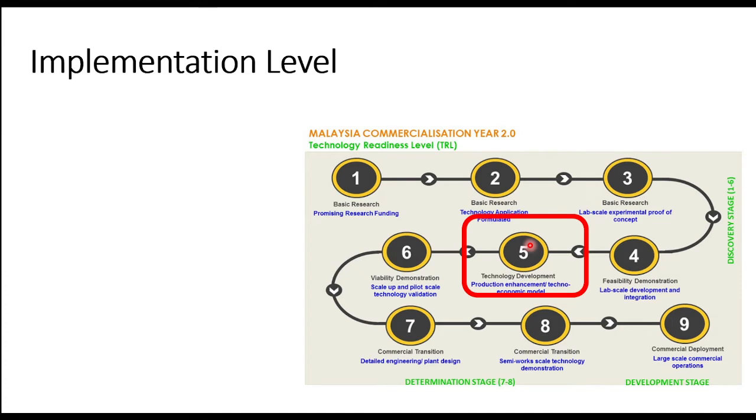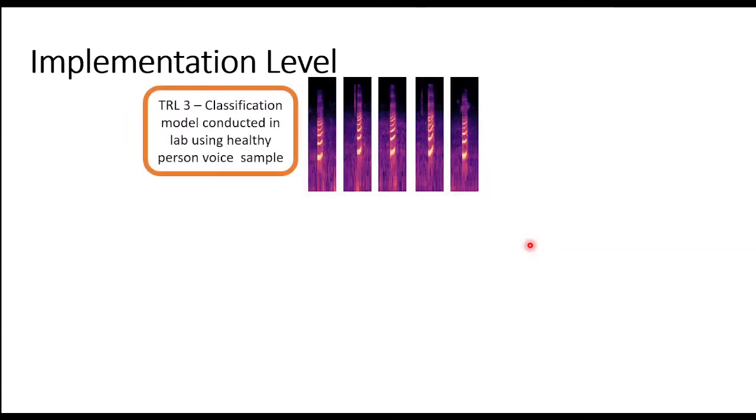Two years back, we started with TRL3, a classification model conducted in the lab using only healthy person voice samples. These are the voices of a healthy person, recorded and transferred to image files.